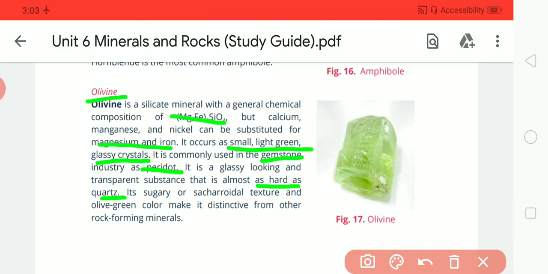Its sugary or saccharoidal texture and olive green color make it distinctive from other rock-forming minerals. So from the word itself, olivine, it has a sugary or saccharoidal structure and olive green color, which makes it distinctive from other rock-forming minerals.